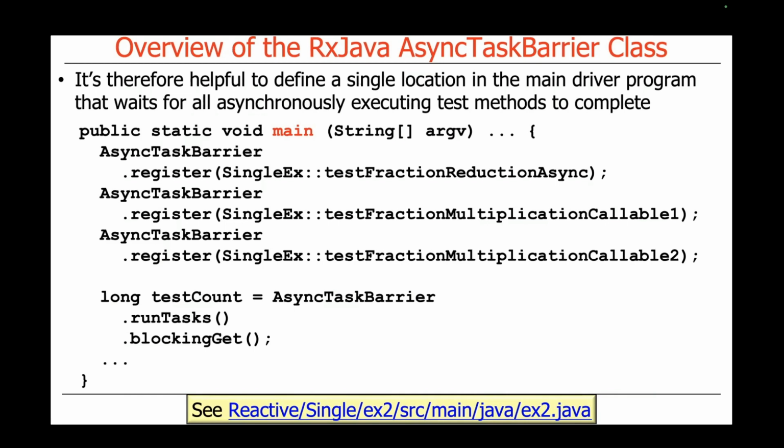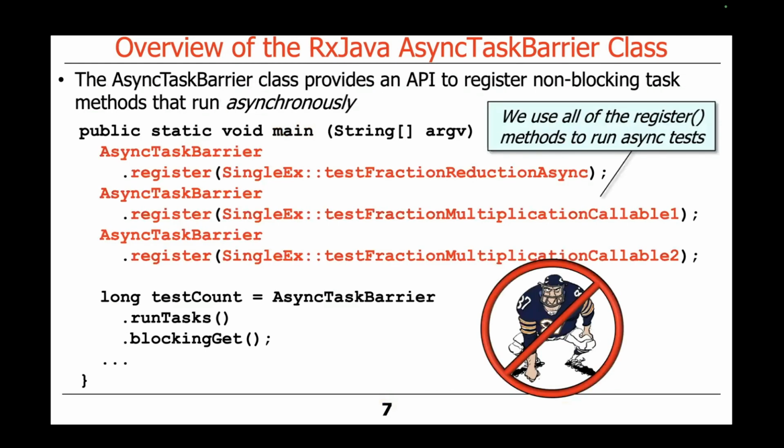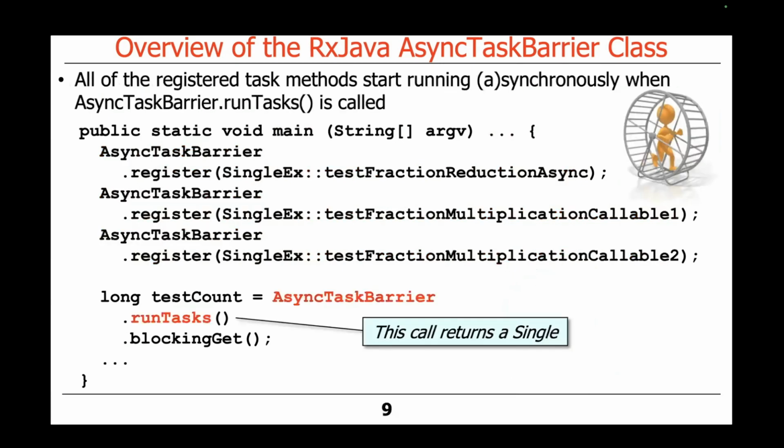And you can see here's our main program, which you could take a look at in this example. Then we're going to register a whole slew of test methods with our AsyncTaskBarrier singleton. This will then let all those test methods start to run asynchronously.